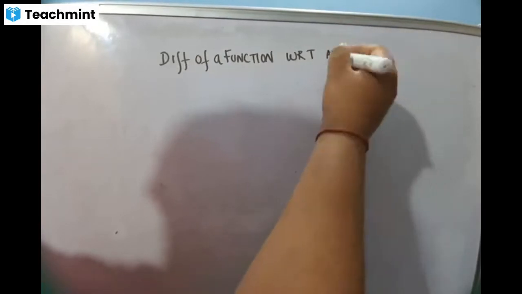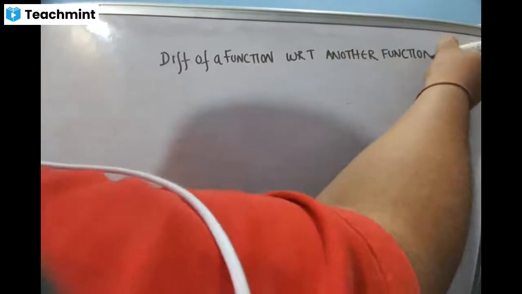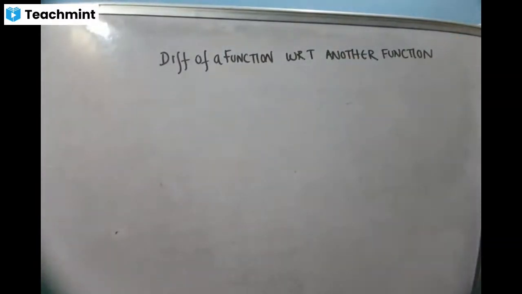Everyone look at the board. It's a very simple one, based on parametric equations only. Let us try to understand this first. What does this mean? Differentiation of a function with respect to another function.